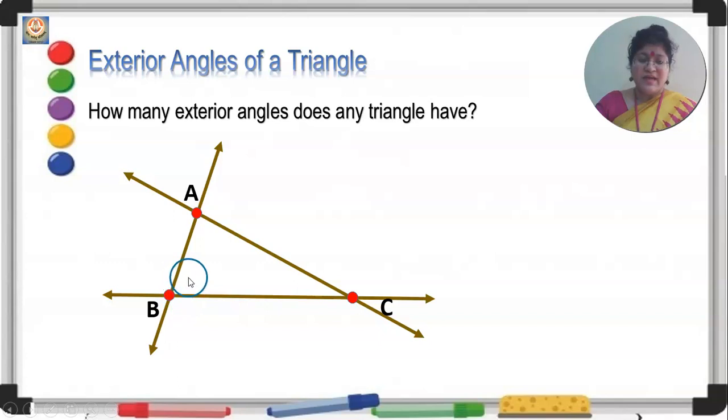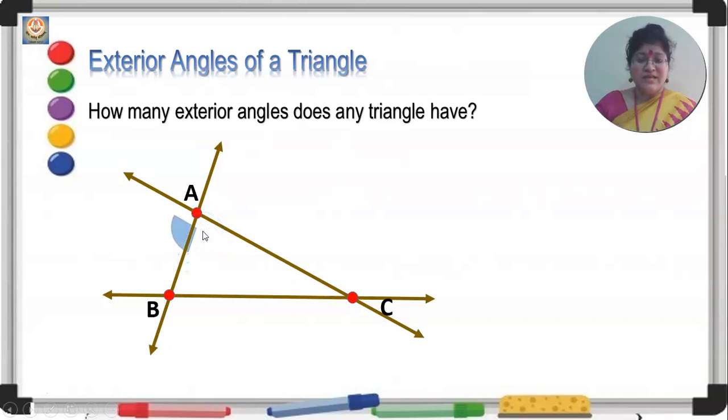Same is the case here. This is the interior angle. Do not take the vertically opposite angle. Other than the vertically opposite angle, the angles in a linear pair that you get will be the exterior angles. For example, now look at angle A.